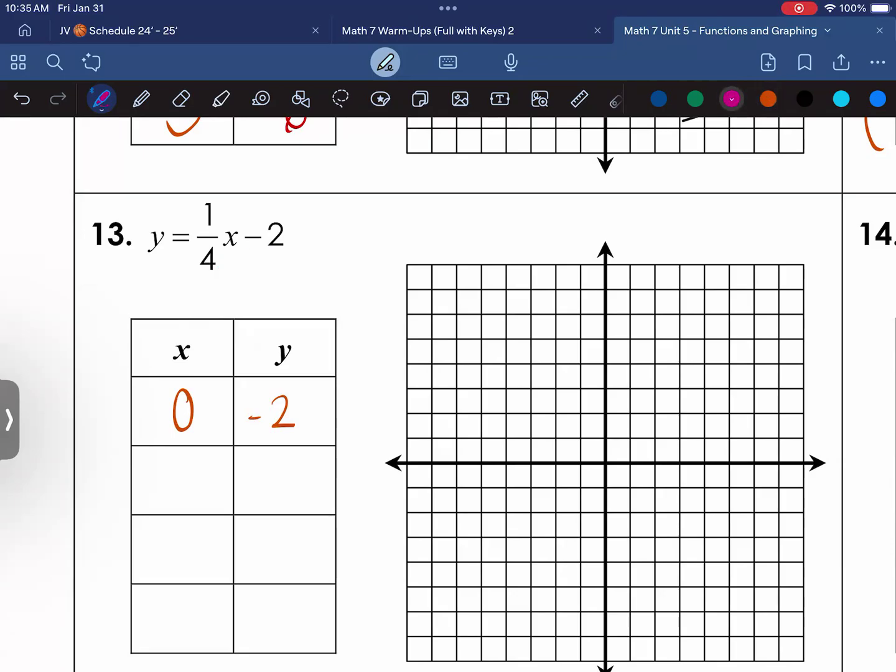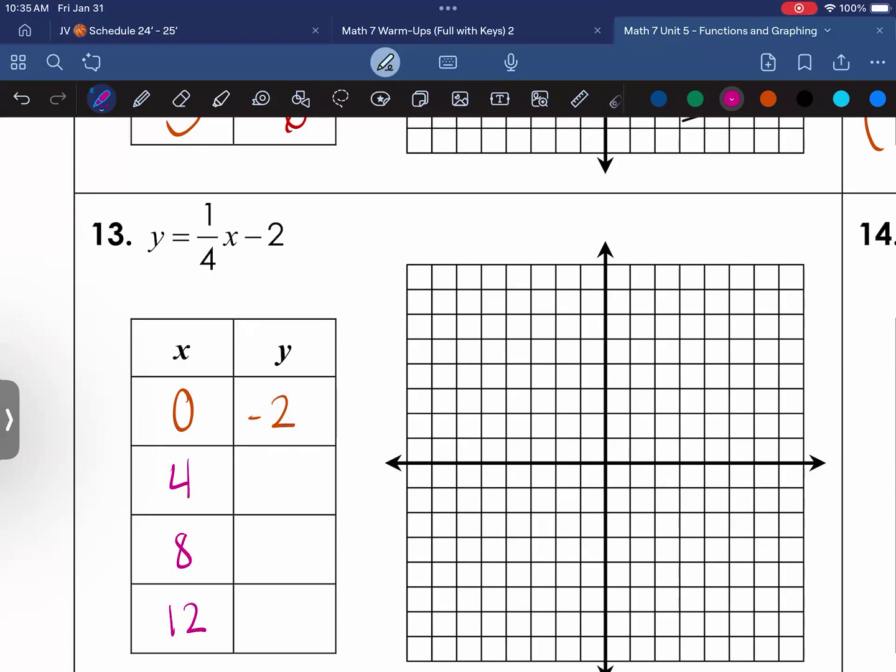Now my other x values, I don't want to really have to deal with fractions and decimals. So I'm going to pick multiples of whatever that denominator is. So my denominator is 4. So I'm going to pick multiples of 4. So I have 0, 4, 8, 12. And you'll see why we did this if you don't already.